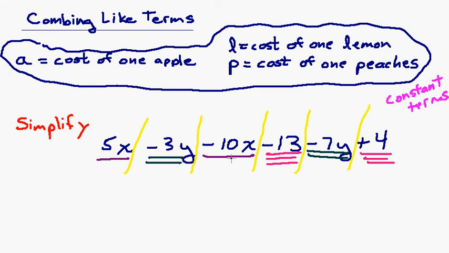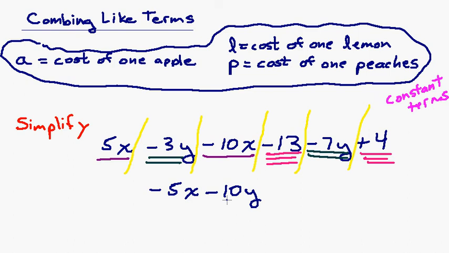So 5x take away 10x is negative 5x. Negative 3y take away 7y, or negative 3y plus a negative 7y, any way you slice it, is a negative 10y. Now you could write that as plus a negative 10y, but the way you'll probably see it is a minus 10y.